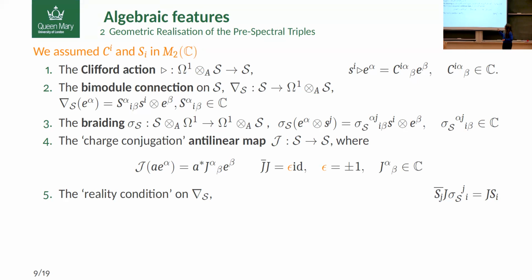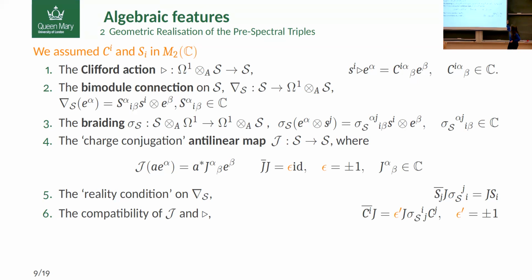So this is basically the four most important elements that I have, and then I start to relate this with the other expressions. So the reality condition relates the elements of the bimodule connection, the basis, with the antilinear map, or the Cohn conjugation map. Then the compatibility, and then I start expressing everything of the Clifford action with the antilinear map.